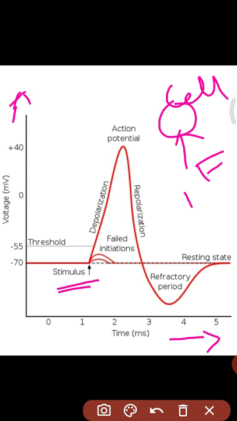If the cell does not move up, your energy is not enough to reach the threshold potential. Now you apply the F2 force, some additional force, as the second stimulation.